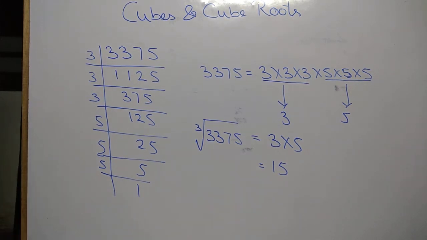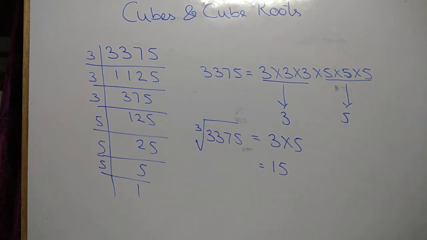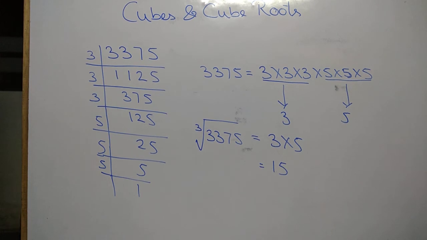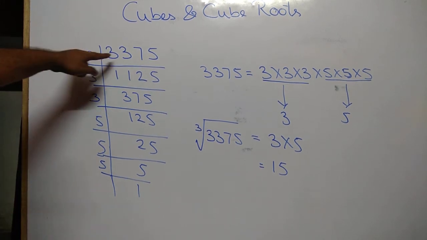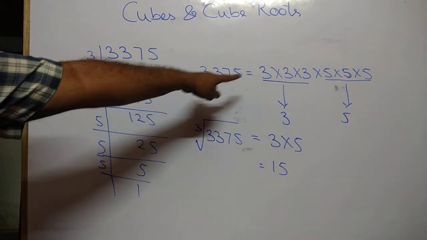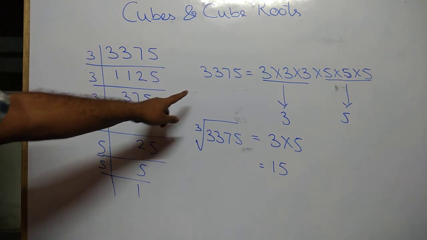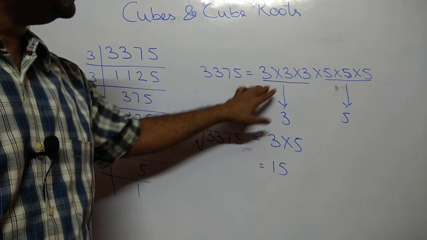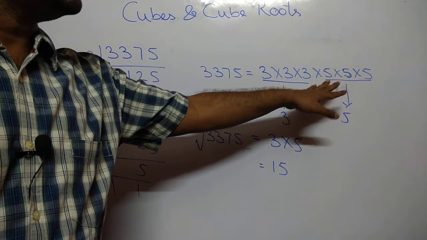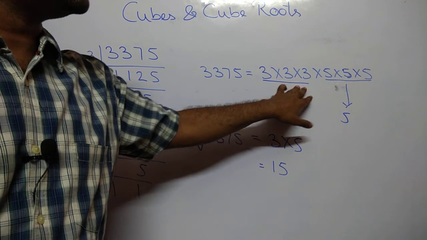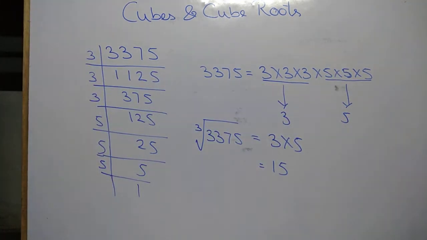So hope this one is clear to you. The cube root of 3375 is 15. Likewise, you have to find the cube root and also check whether the given number is a cube or not. If it is not a cube, it means there is no combination of 3 numbers of the same type. Hope this one is clear to you.